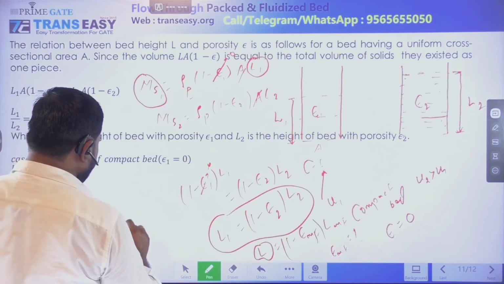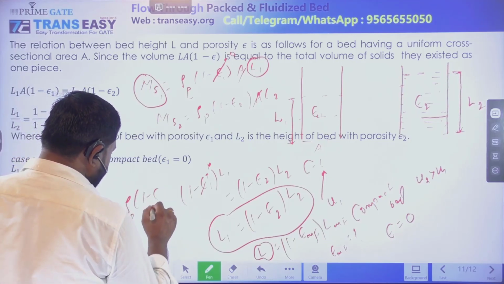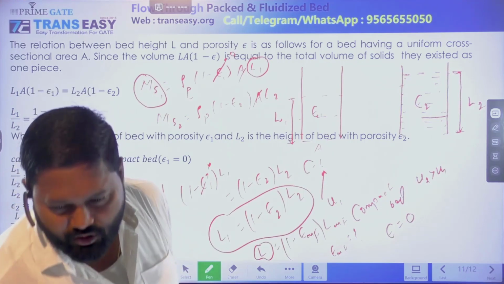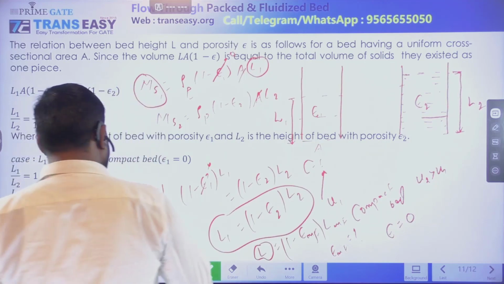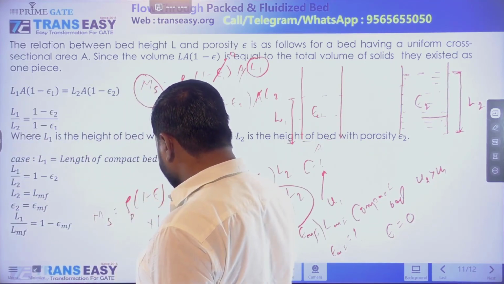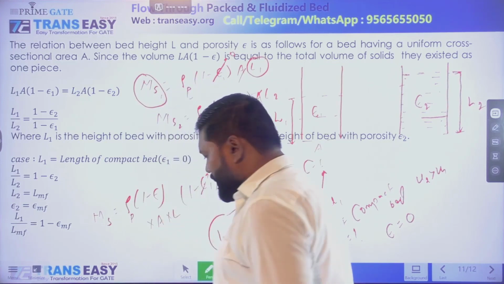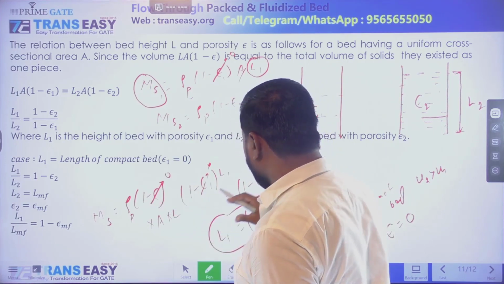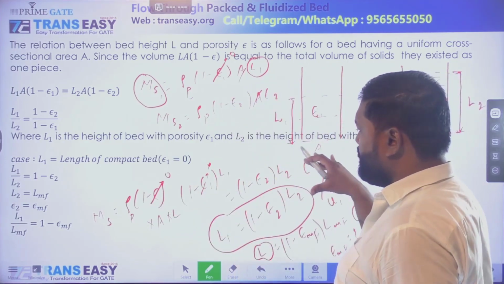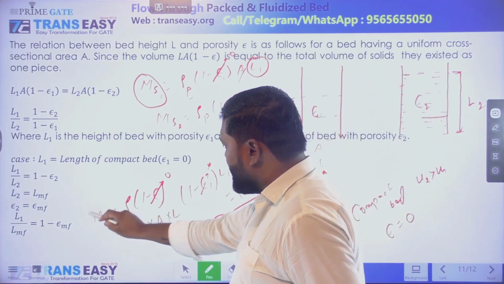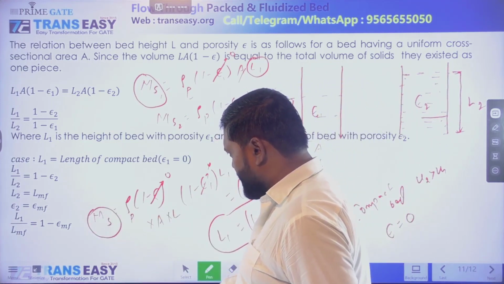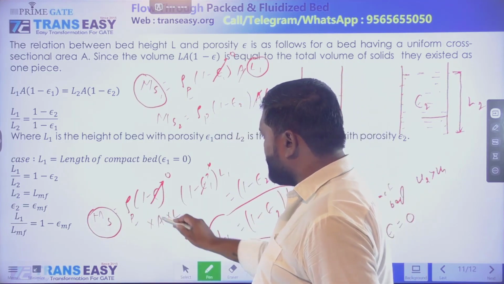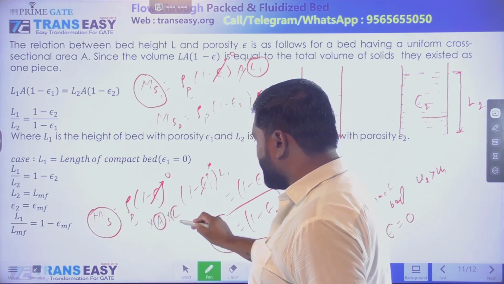So mass of the solid equals density of the particle, 1 minus porosity initially, into cross sectional area into L. We are considering initial porosity as zero because there is no information, so we consider the bed initially fully compact, right. The mass of the solid particles in the bed is always given, the true density or particle density is given in the problem, and the cross sectional area of the container is given, so from this we can find the value of L.